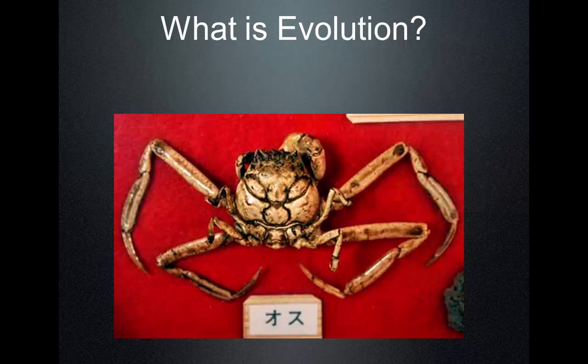So we're going to be talking in this unit about how species change over time. And this is a good example because the way that evolution works is some individuals in a population have certain characteristics, certain traits that help them survive better.